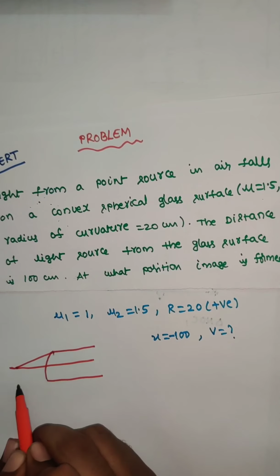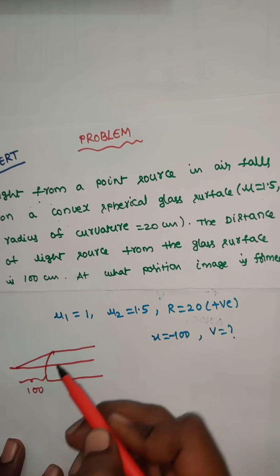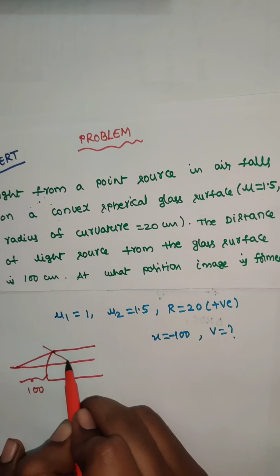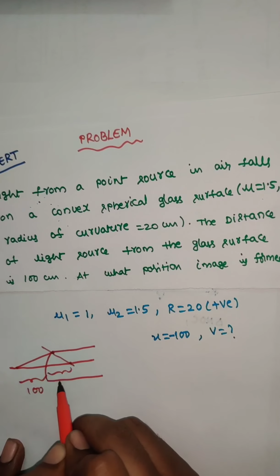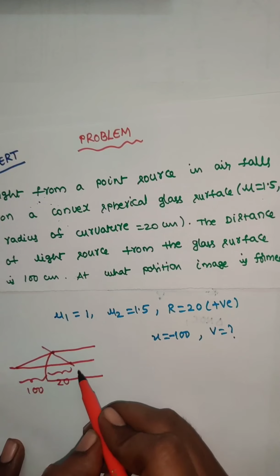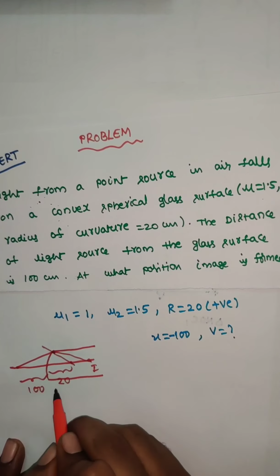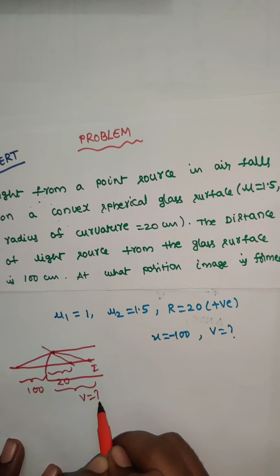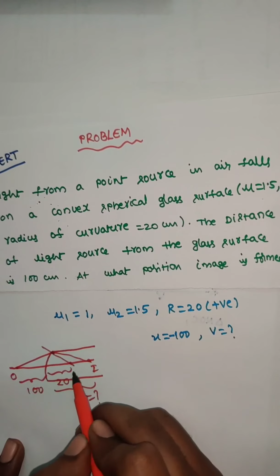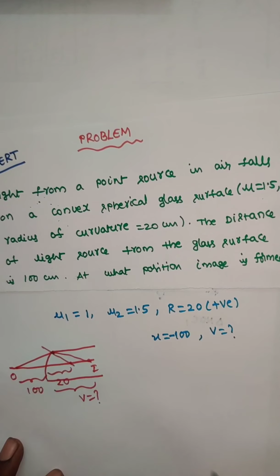Here the object is placed at 100 centimeter, and the radius of curvature is given as plus 20. The image is going to form somewhere here. What about the image distance? V is equal to question mark.